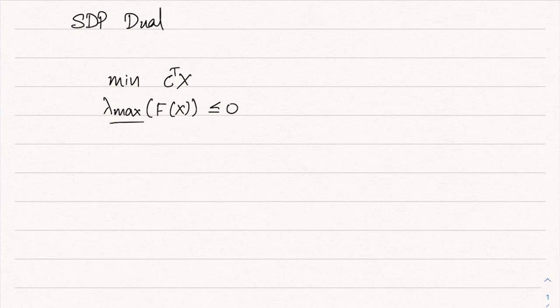On the contrary, if we write it in the LMI form, it would be of the form that F of x is negative semi-definite. Now this constraint that some matrix is negative semi-definite is not in the standard convex form. So how do we take the Lagrangian there? What we will do is pursue this second approach, where we will write it in the LMI form, but the process of taking the Lagrangian will be slightly different.